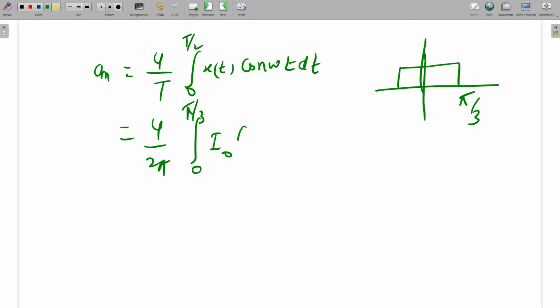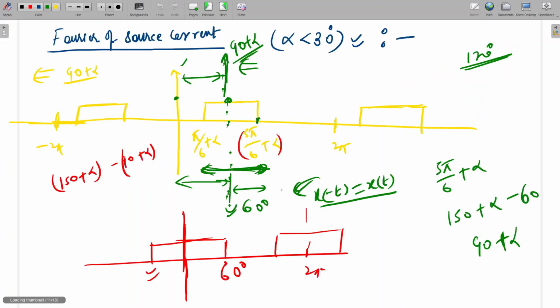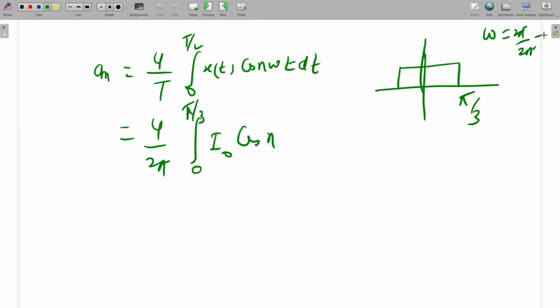I naught cos n omega t, where omega is 2 pi divided by 2 pi, since the period is 2 pi. So omega will be 1. So cos nt dt. It will be 2 I naught upon n pi.